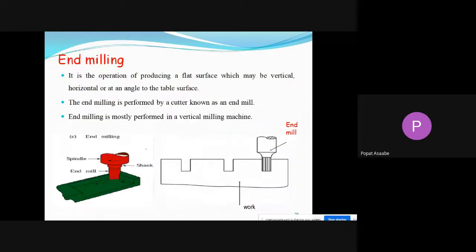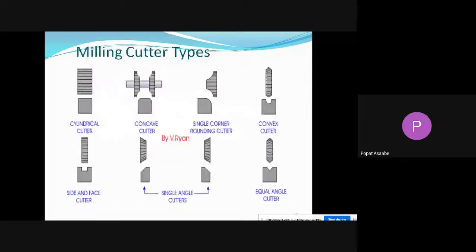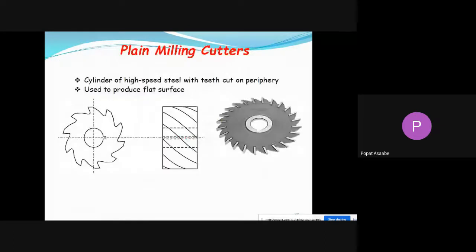Now, to perform plane milling we are using the plane cutter. How is that plane cutter looking? I will show you. See, this is the plane cutter. We are going to use this cutter to perform plane milling, and with the help of plane milling we can produce the flat surface on the workpiece. To perform plane milling we have to remember the axis of your cutter should remain parallel to the work surface.